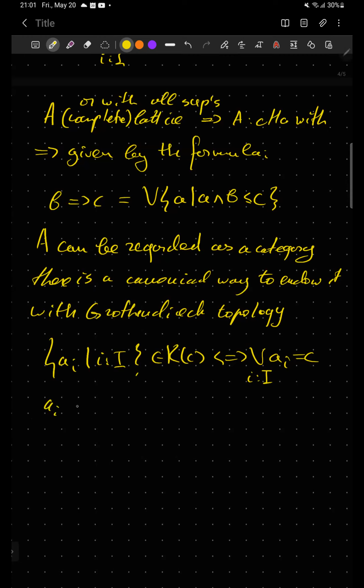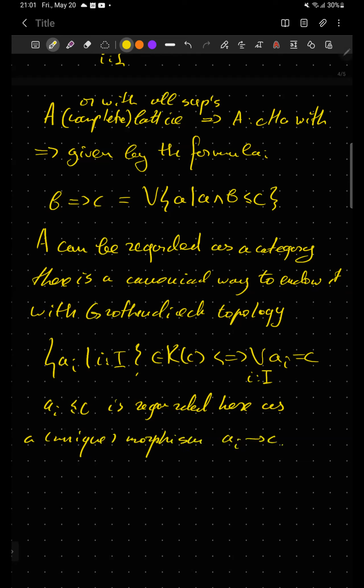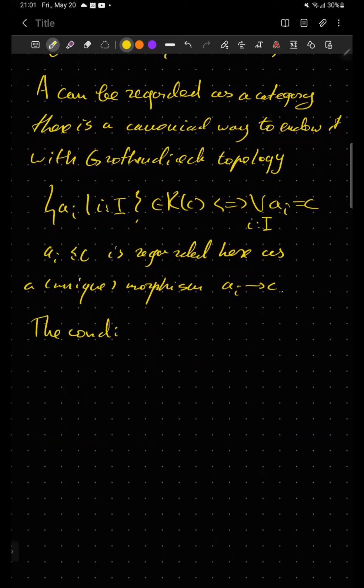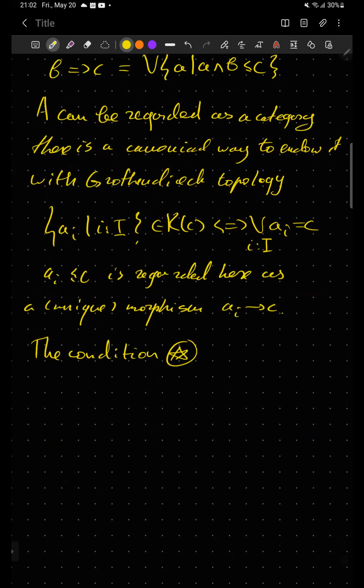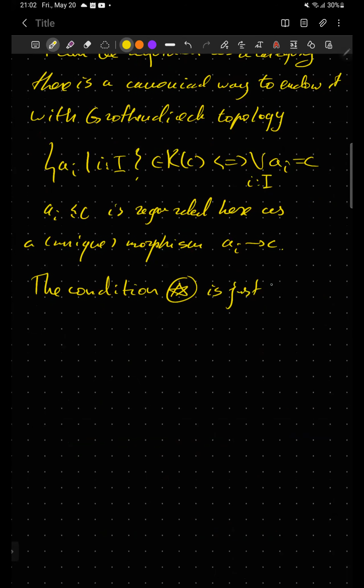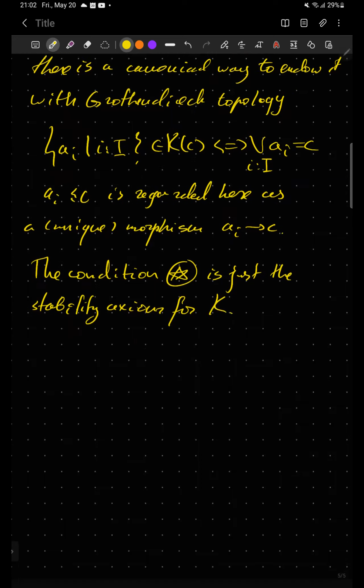Note that A_i less or equal to C is regarded here as a unique morphism A_i to C. The condition star, or infinite distributivity law, is in fact just the stability axiom for K. So what is a sieve in this topology?